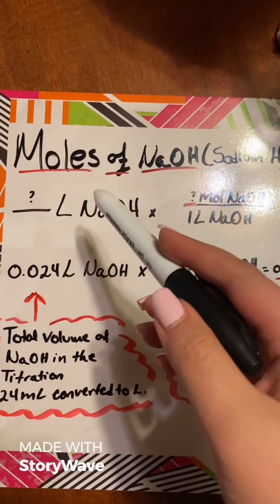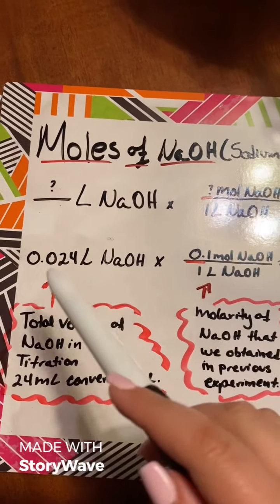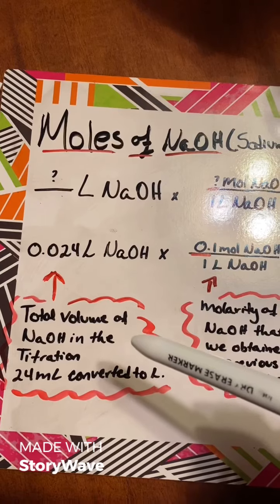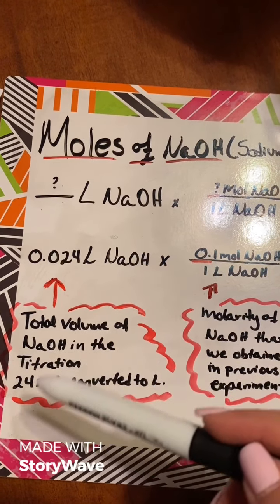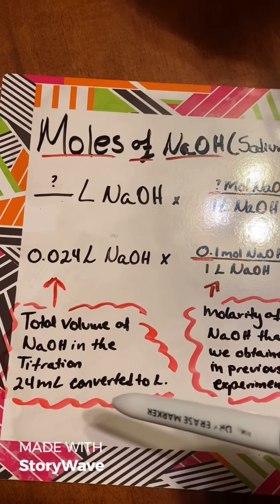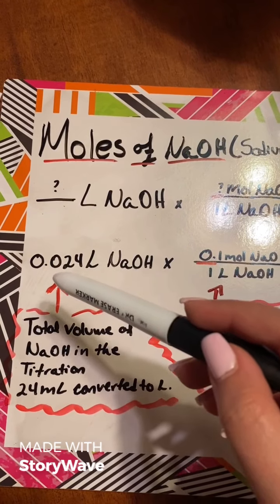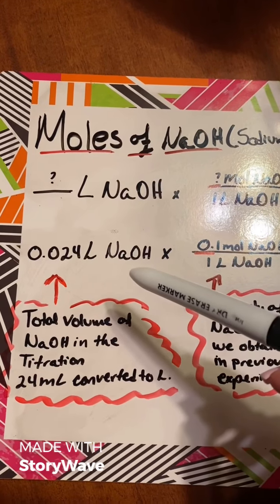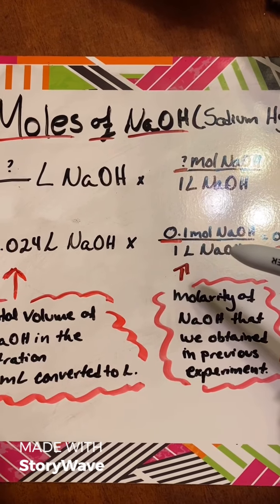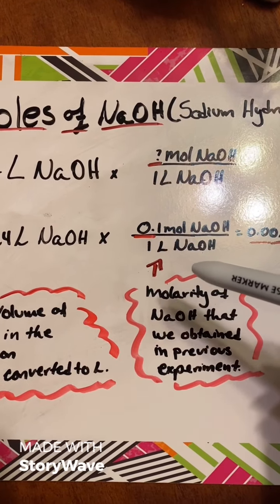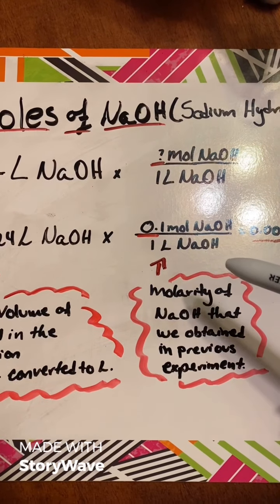Now we want to find our moles of sodium hydroxide. First, we start with the total volume of sodium hydroxide in the titration that was 24 milliliters, which we converted to liters, and it's 0.024 liters of sodium hydroxide times our 0.1 moles of sodium hydroxide divided by 1 liter of sodium hydroxide.